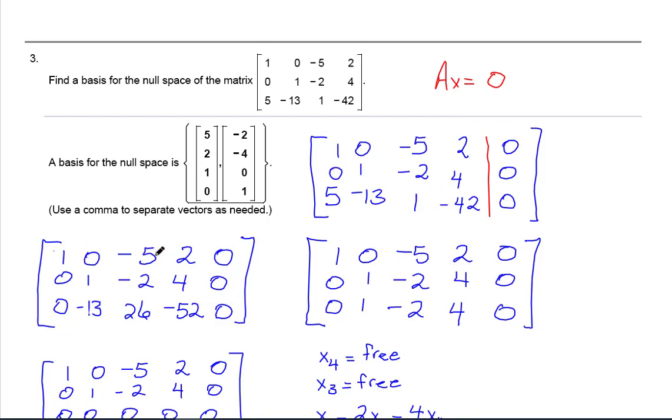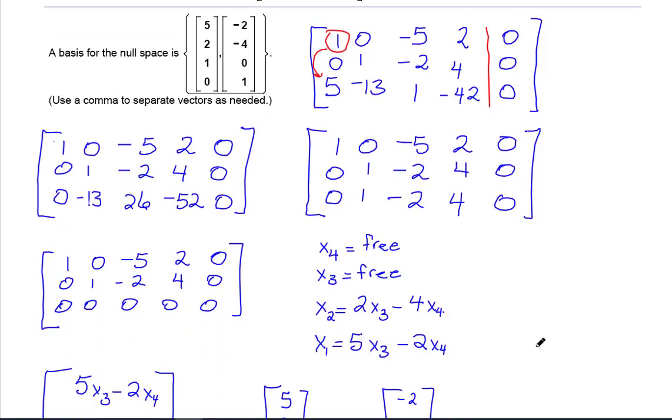I now do some row operations. I'm going to use this one to make a 0 under it. All right, at that point I notice that I can divide row 3 through by minus 13. And once I do that, I see that row 2 and row 3 are exactly the same. All right, so I can make a row of zeros.